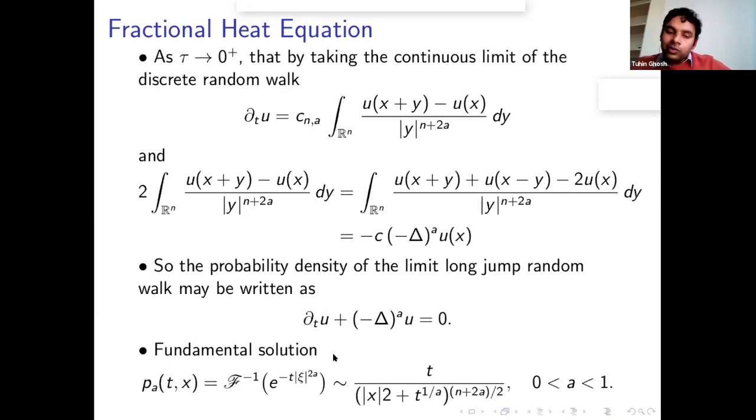I also wanted to add that even if you have some alpha here and A here, of course you can find fundamental solutions, you know the Fourier transform of the fundamental solution, but the inverse Fourier transform of those is not easy. They are represented by something called the Mittag-Leffler functions or something like that.